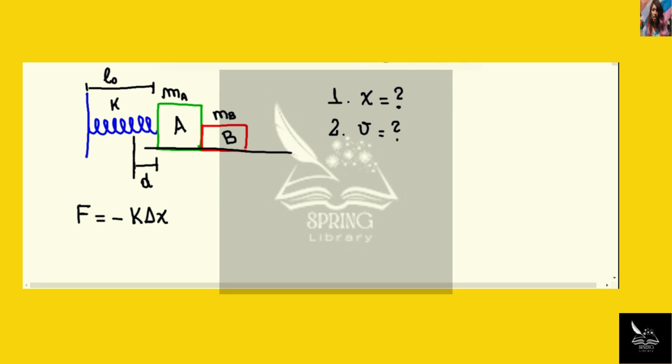So if the spring is compressed, then the force acts in the direction that is opposite of the compression. And if the spring is stretched, then the force also acts in the opposite direction as the stretching. Okay, so this is the elastic force.